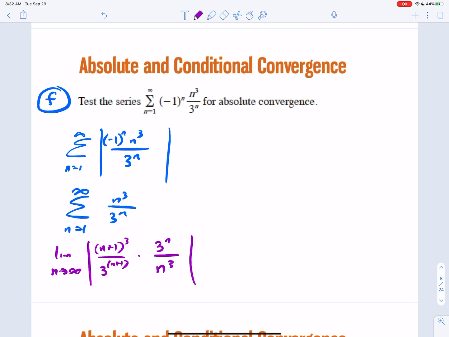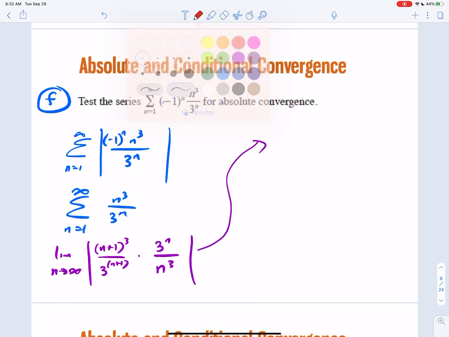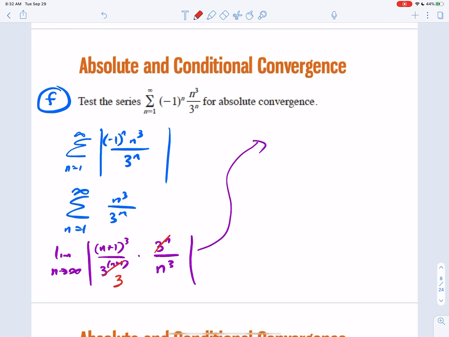Okay. So here, I notice that 3 to the n and 3 to the n plus 1 will reduce out to 3 at the bottom. So here I basically have the limit as n goes to infinity of n plus 1 quantity cubed over 3n cubed.